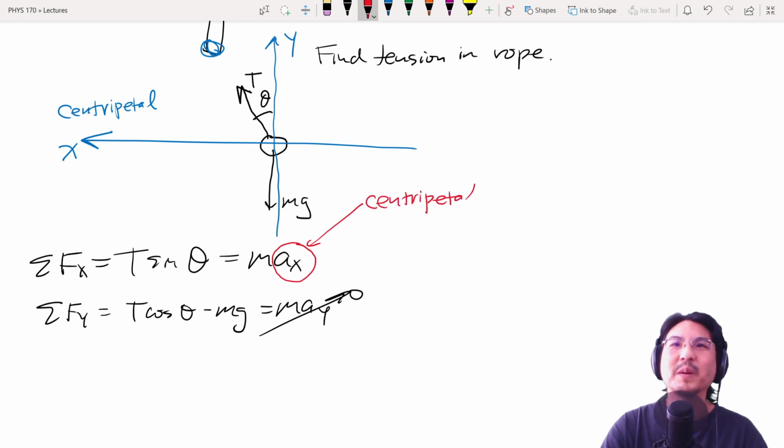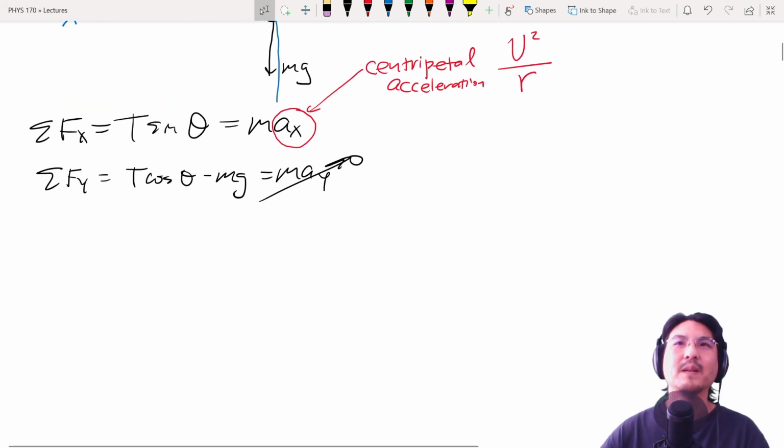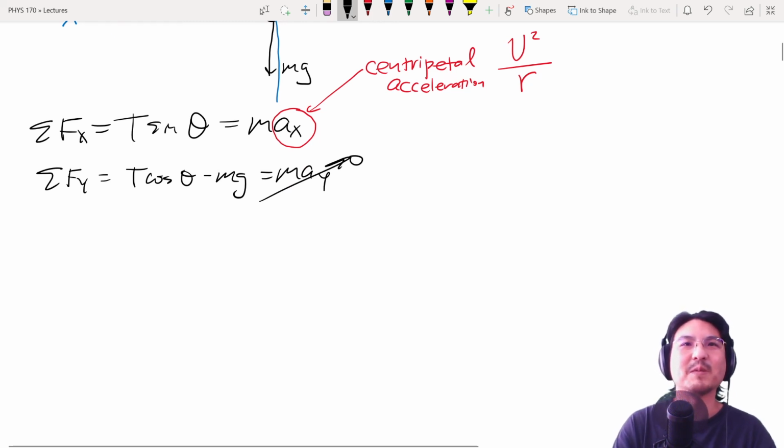And do you remember centripetal acceleration is the one that looks like this? Okay. So I'm just going to substitute that in here. I'll just rewrite this.